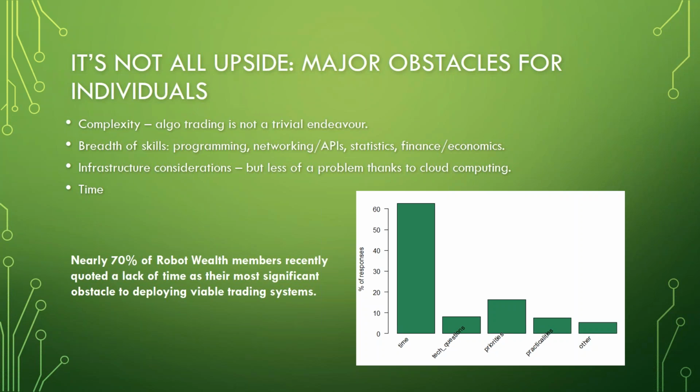Because it's a complex undertaking and it requires this broad range of skills, it's not typically something you can just decide to do and achieve immediate success. You throw into the mix a day job, maybe full-time study plus family commitments, not to mention a social life. Time becomes a really significant limiting factor.